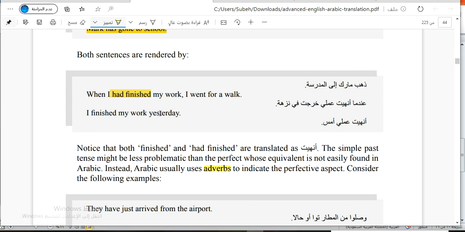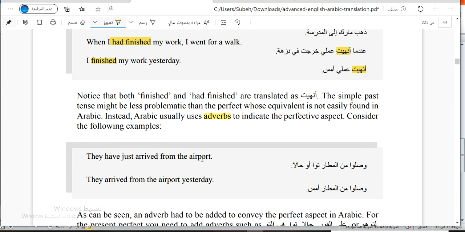I finished my work yesterday. Both verbs are translated the same as أنهيت. So two different tenses are translated in the same way in Arabic. طب how can we overcome this problem?